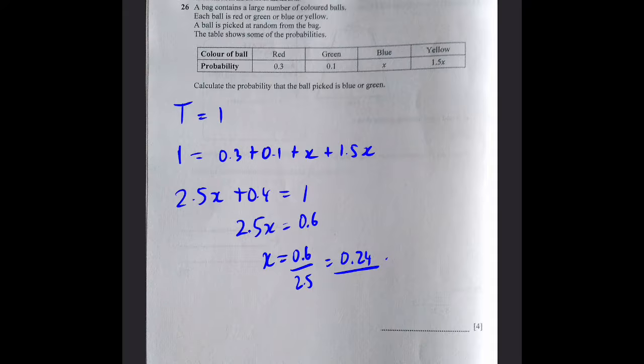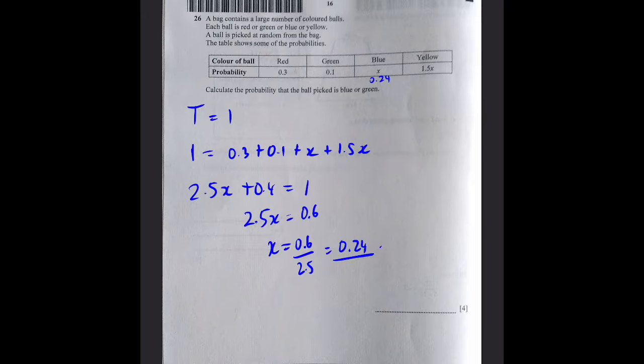Right? So for blue, it's 0.24. And just for your information, yellow will be 1.5x, which actually is 0.36. But it's actually not needed in this question, since we only need to find the probability that the ball picked is blue or green. Yellow is not involved. So we don't need to find yellow, but just for your information, I'm writing the answer for yellow as well.